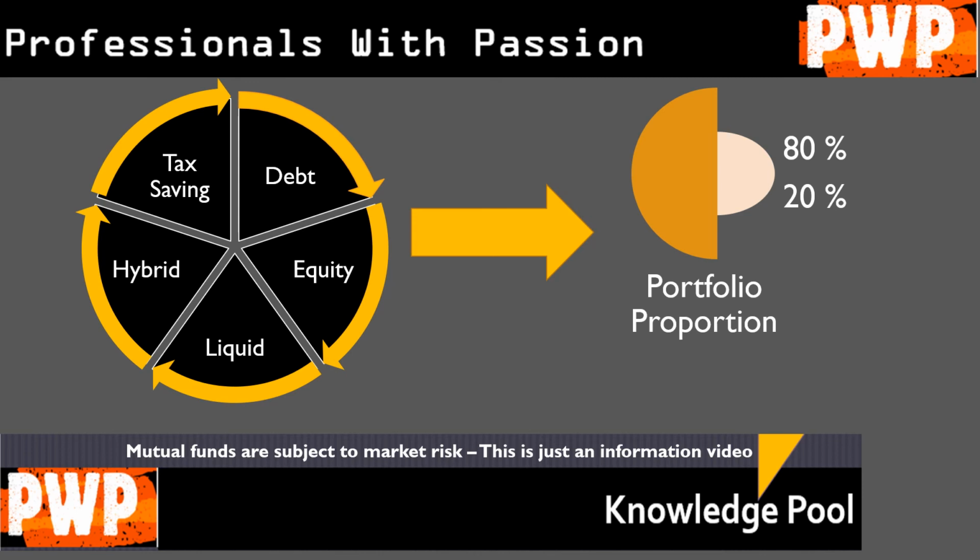But if you choose a mutual fund, it is maintained by professionals and is a combination of multiple stocks, not one stock. So there is very low risk compared to directly investing in the stock market.